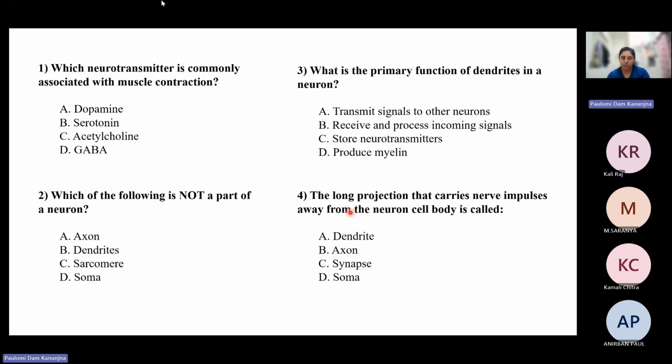TCBB acetylcholine. Okay, one more response. You can see, and then we discuss the answers. CNC, anyone else?